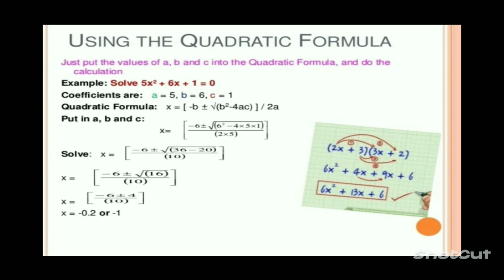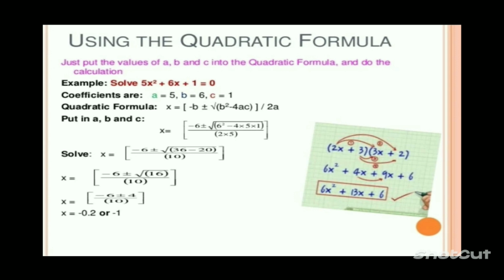Then solve. The result is negative 6 plus or minus the square root of 36 minus 20. The 36 comes from 6 times 6, which is 6 squared. Then the 20 is 4 times 5 times 1, which is 20. So 36 minus 20, over 2 times 5, which is 10.